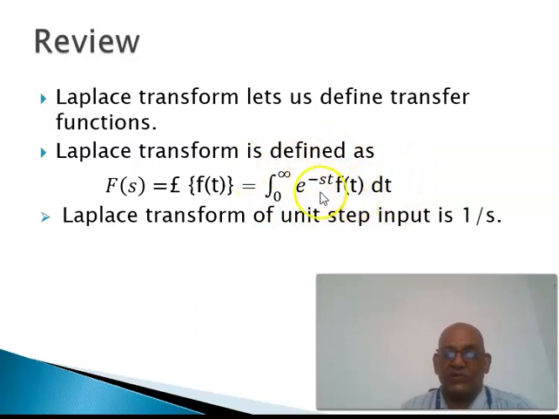Given a time domain function, multiply by e power minus st, integrate between 0 and infinity with respect to the variable t, and you have this F(s). Note that lowercase letters indicate time domain functions, uppercase letters indicate Laplace domain functions. This s may be called the Laplace operator or Laplace variable.